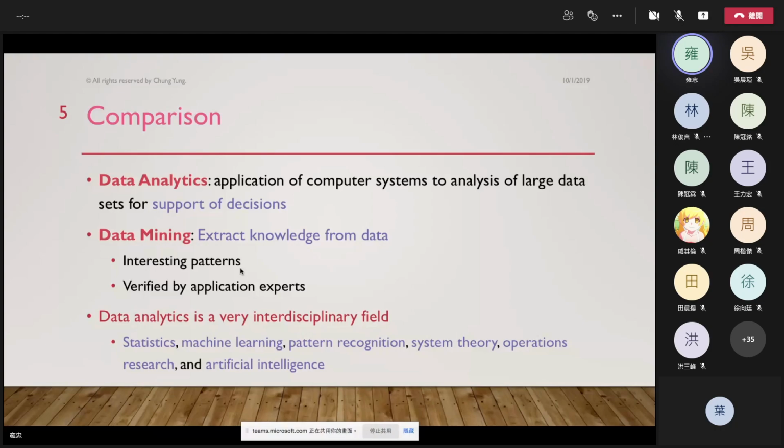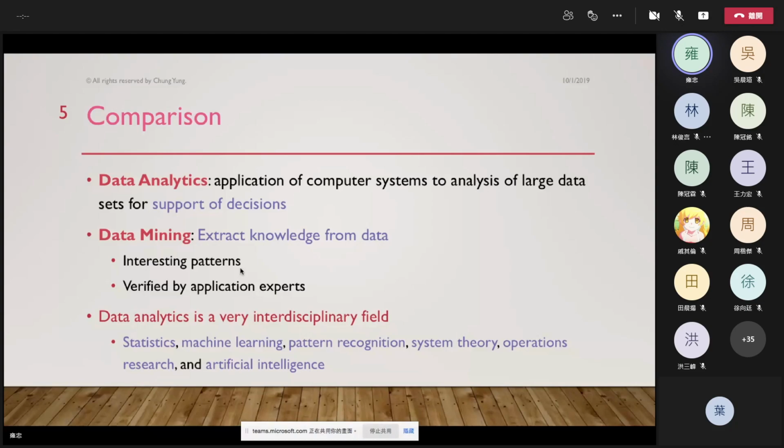The authors of our textbook mentioned six different areas as the interdisciplinary field required by the engineers for data analytics.